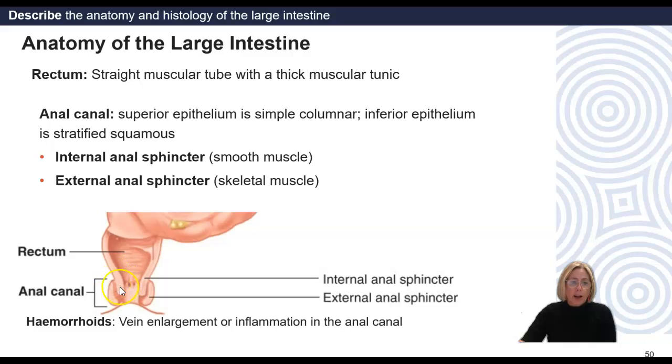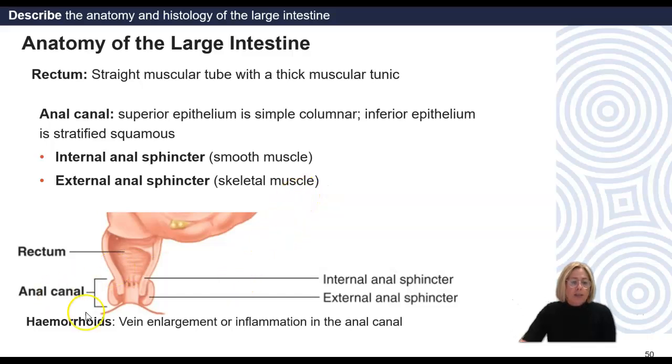In the anal canal, the superior epithelium is simple columnar, but the inferior epithelium is stratified squamous. And again, that makes sense in terms of protection against abrasion due to feces.